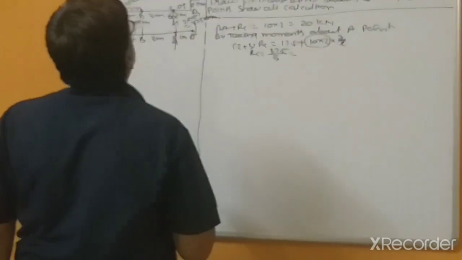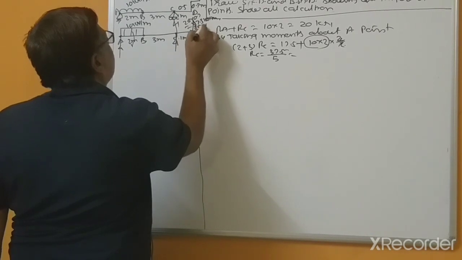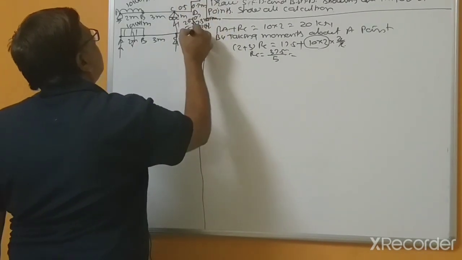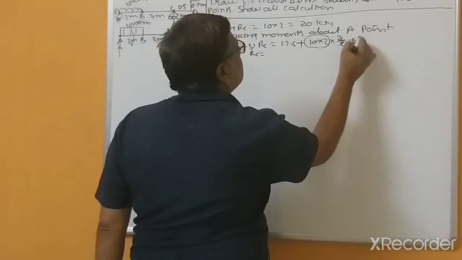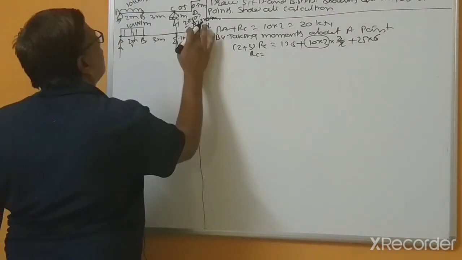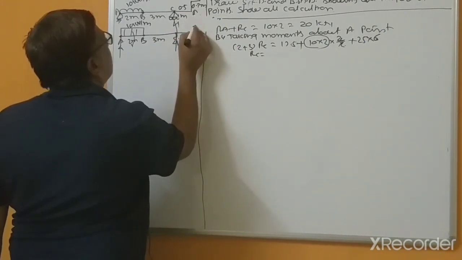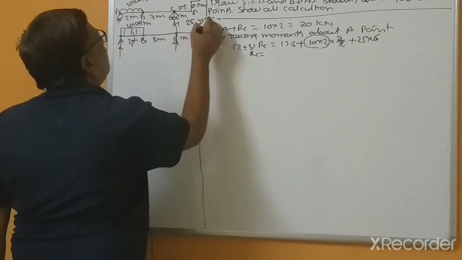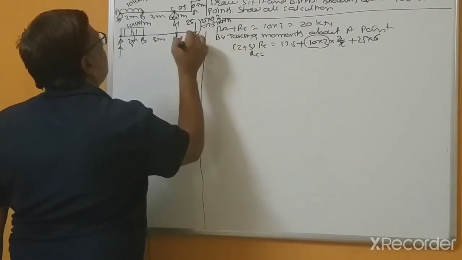Again, here a force is acting, so you have to consider this 25 kilonewton force, so here plus 25 into 6. This is 25 into 0.7, which is 17.5 kilonewton meter.